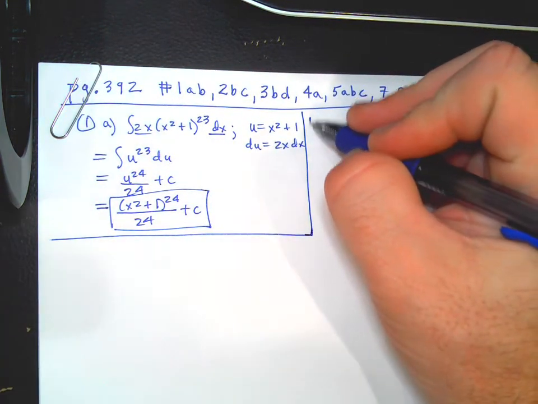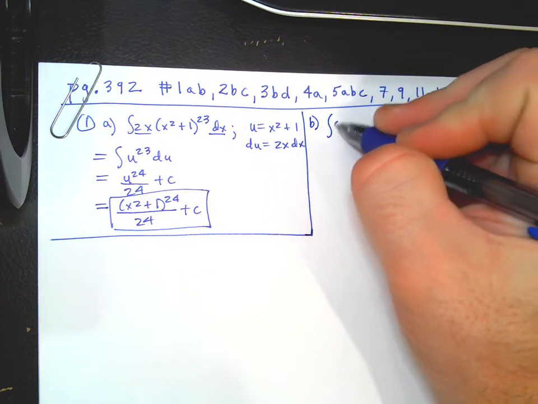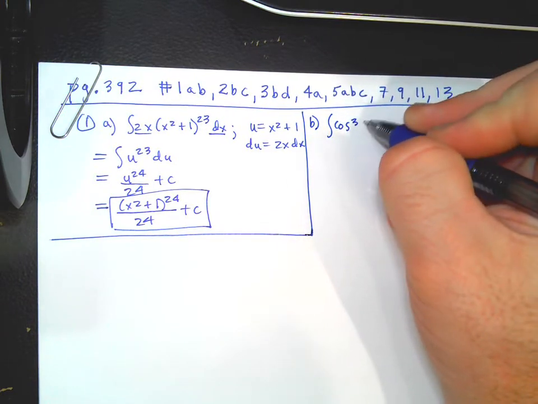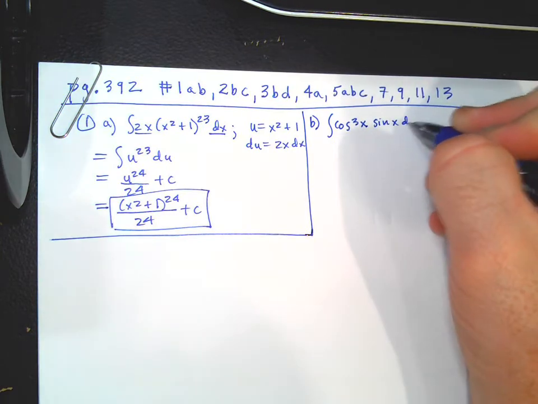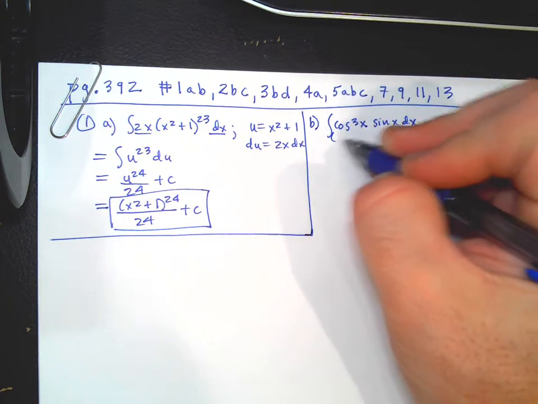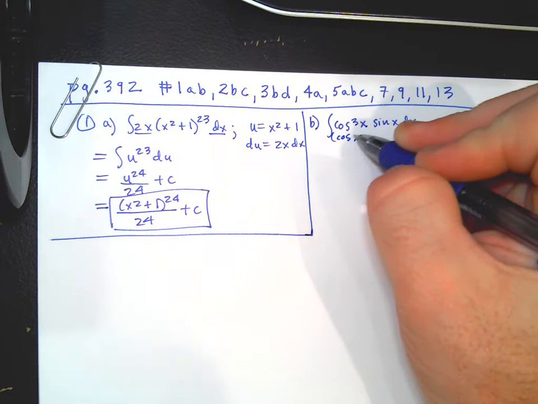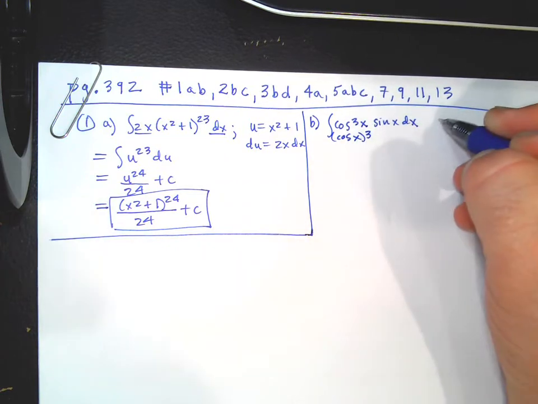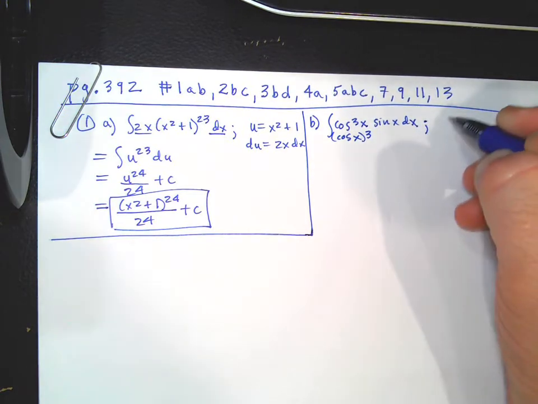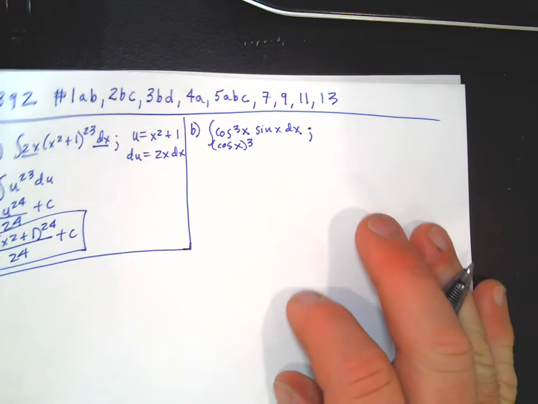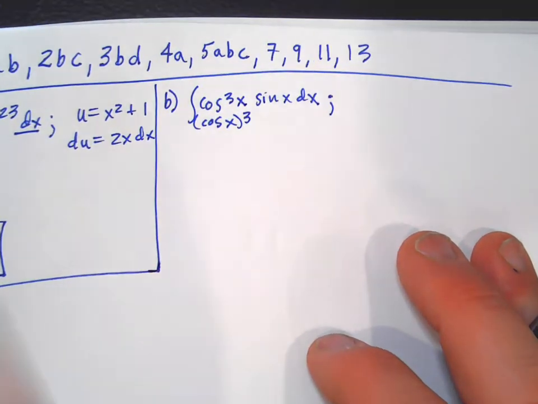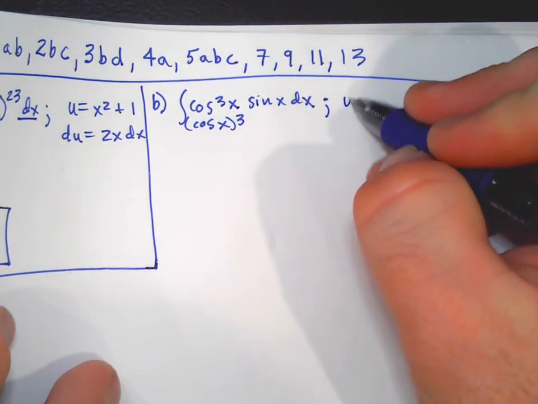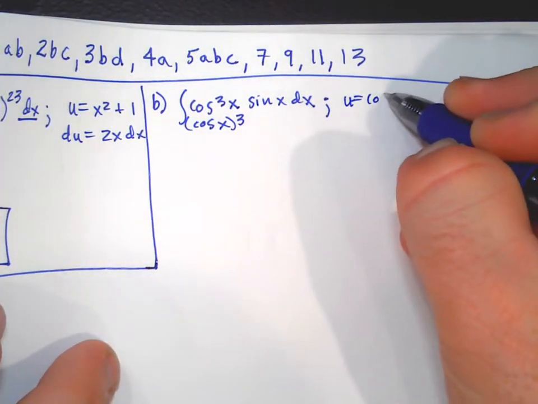Part B is cosine to the third power times sine x dx. Remember, this is cosine x to the third power. They're telling you, use u equals cosine x.